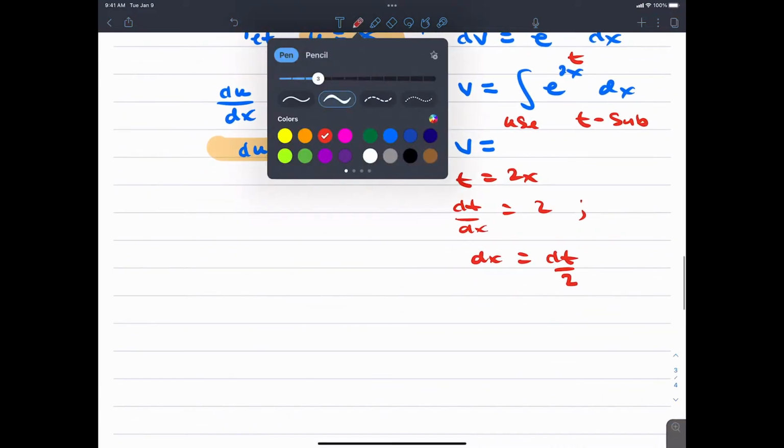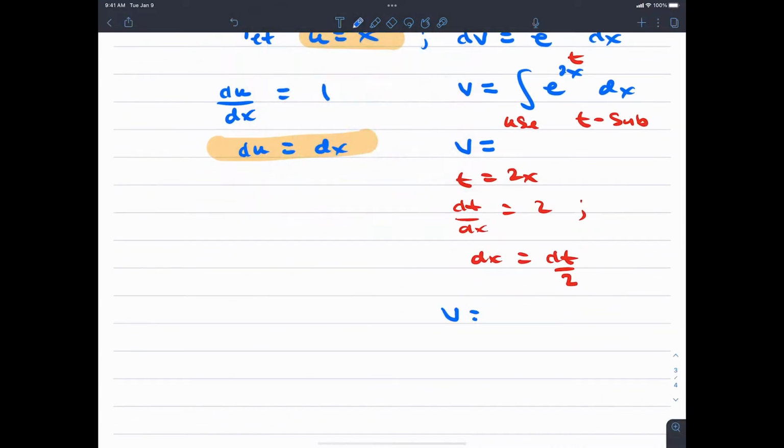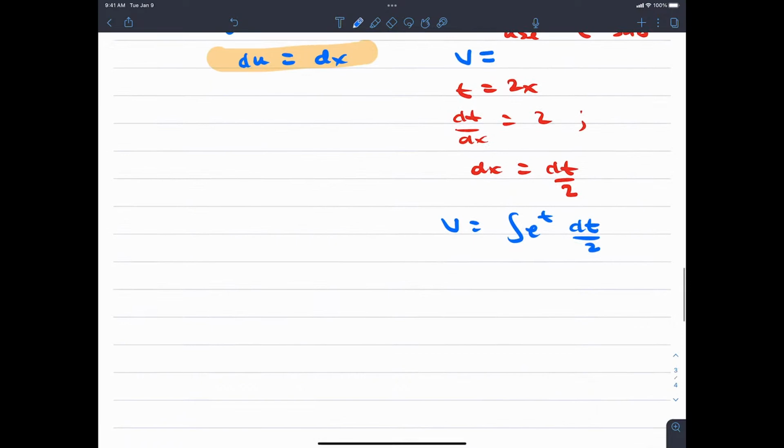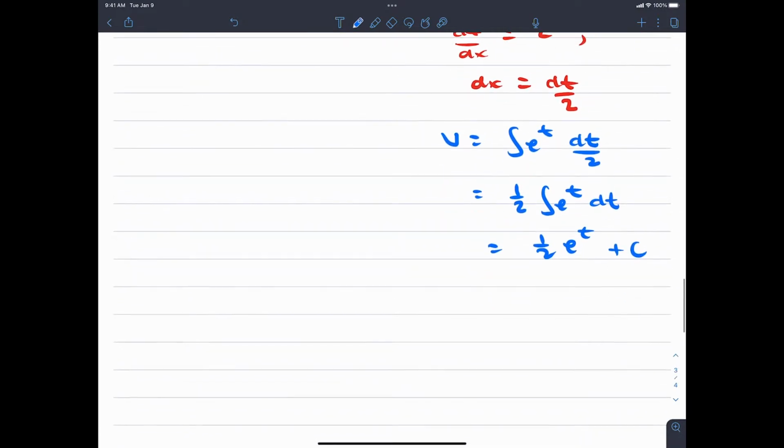So then your v now, ladies and gentlemen, is going to be e to the t dt over 2. Pull out the 2. You get 1/2 integral e to the t dt, which is 1/2 e to the t plus c. What was t? t is 2x.